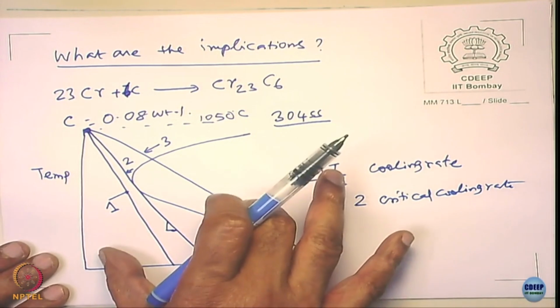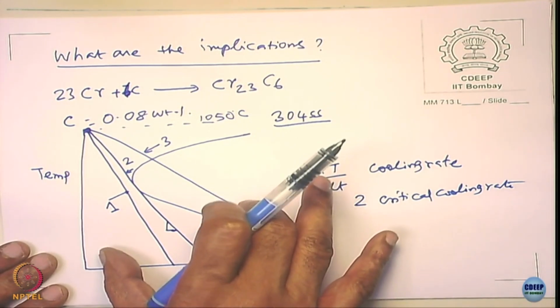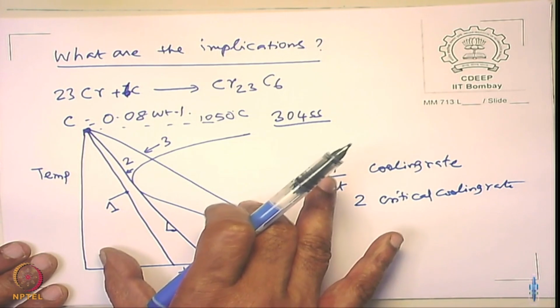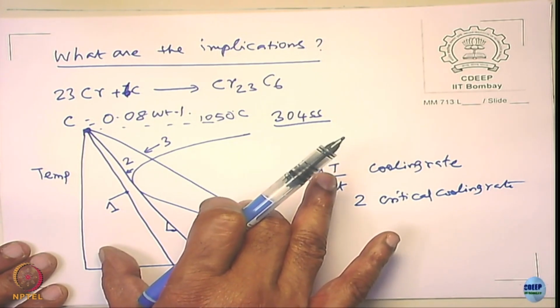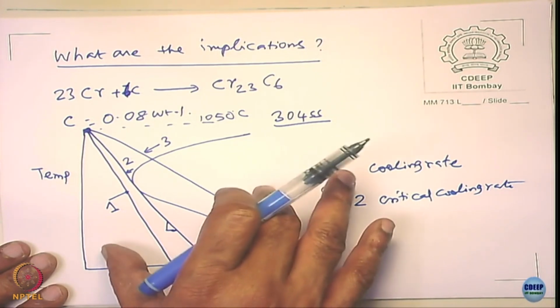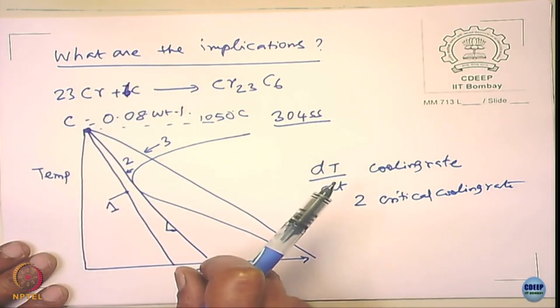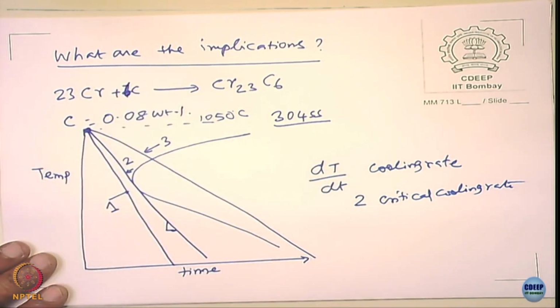So, this diagram sets a limit for various thermal processes that can lead to sensitization or that can avoid sensitization, right. So, the temperature and the time, both are important. When I said that it is between 450 and 850, please understand that.